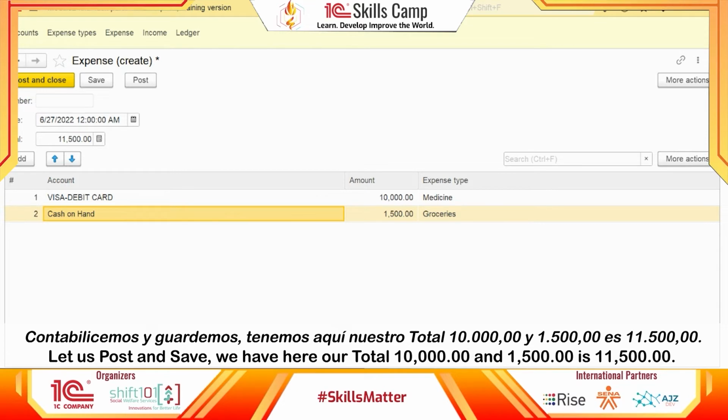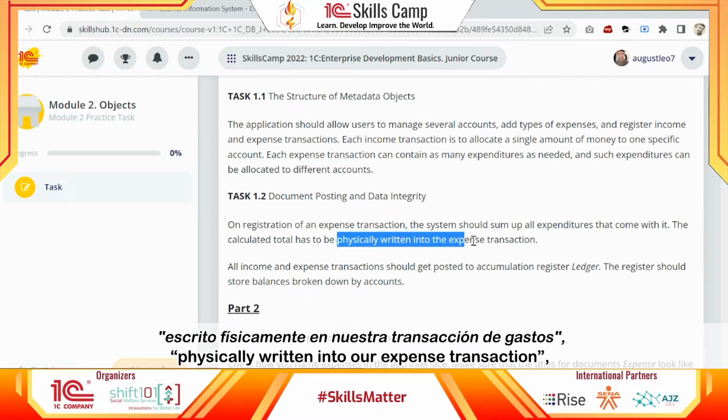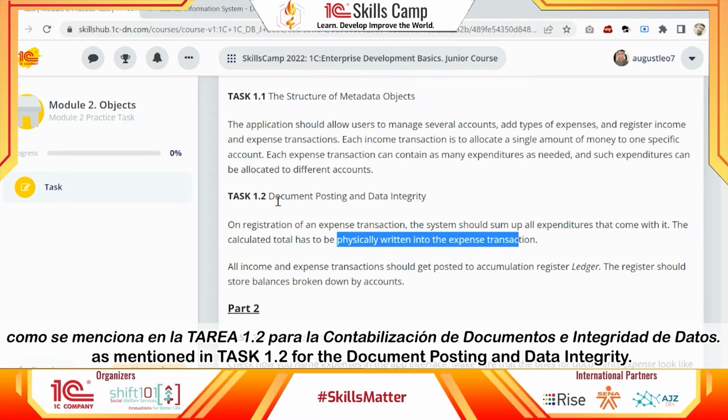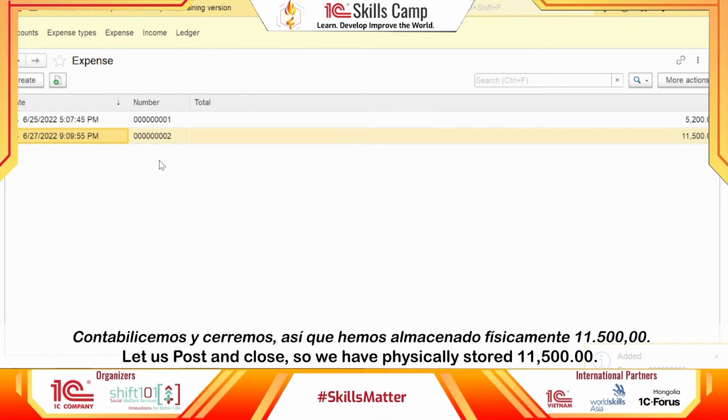So it should be physically written into our expense transaction, as mentioned in task 1.2 for the document posting and data integrity. So let us post and close.